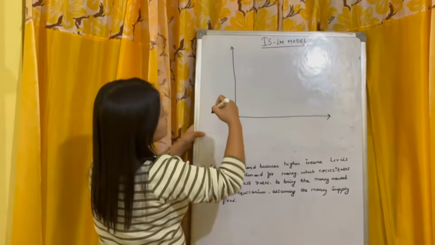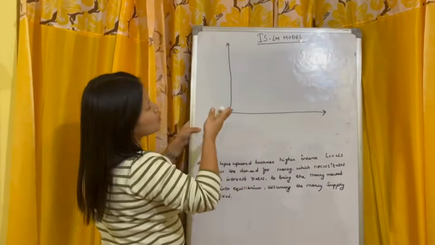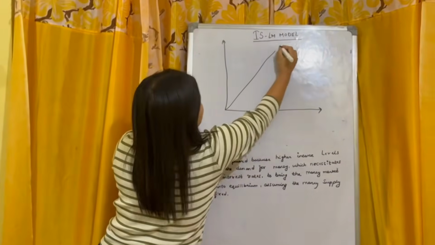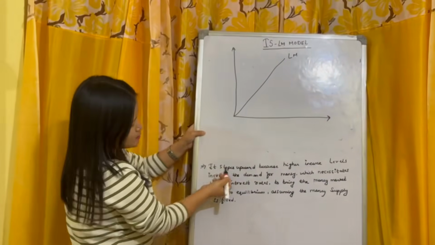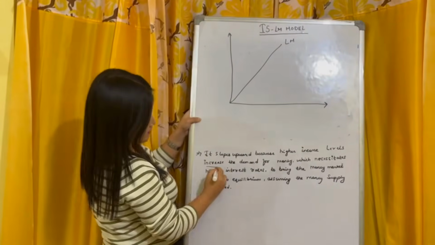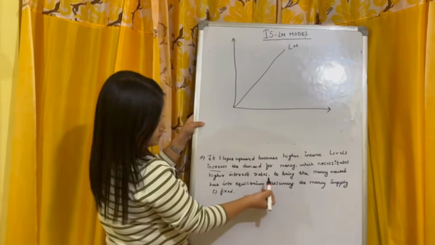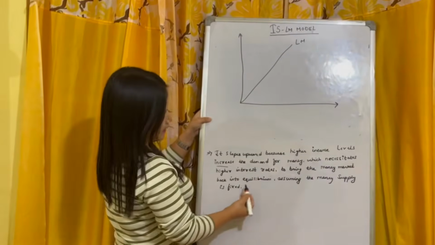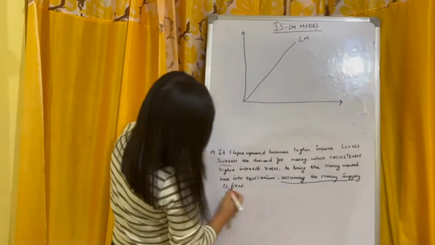In the overall ISLM model, our LM curve slopes upward. Why does the LM curve slope upward? Because higher income levels increase the demand for money, which necessitates higher interest rates to bring the money market back into equilibrium, assuming that the money supply is fixed.